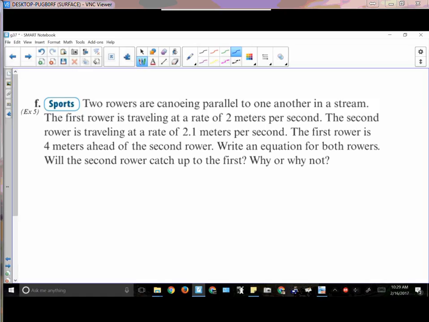Did you read it? So, 2 rowers are canoeing parallel to one another in a stream. First rower is traveling at a rate of 2 meters per second. The second rower is traveling at a rate of 2.1 meters per second. And the first rower is 4 meters ahead.